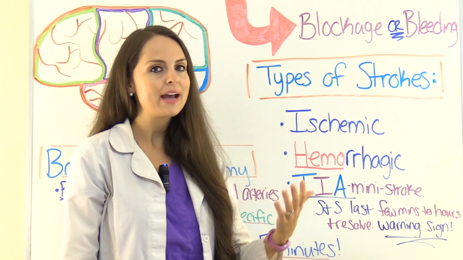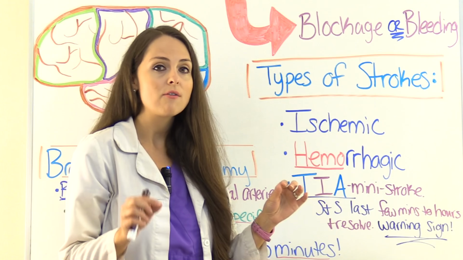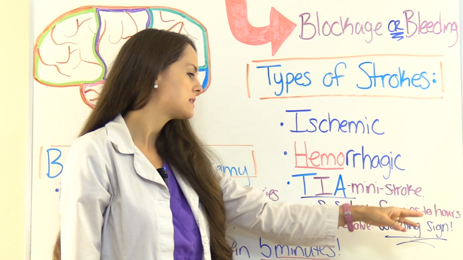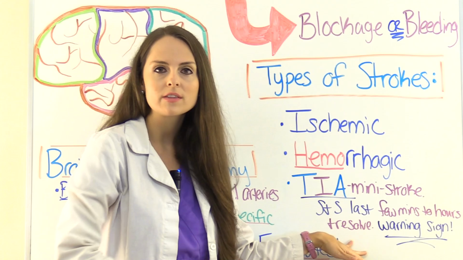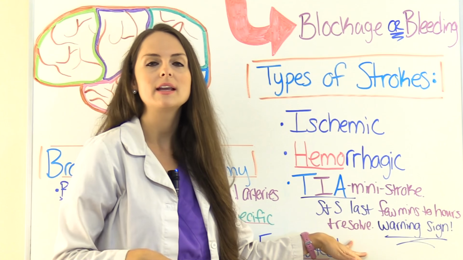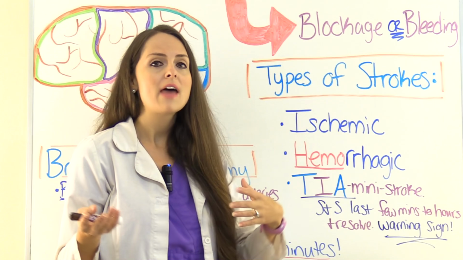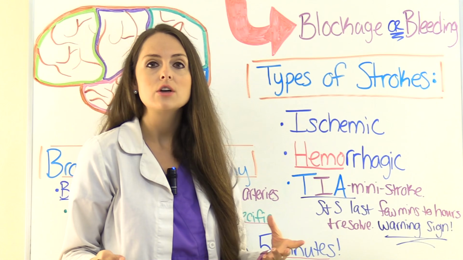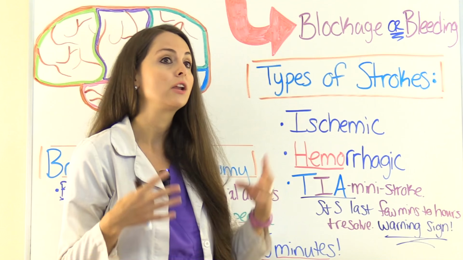So whenever a patient has this, they will have the signs and symptoms of a stroke. However, those symptoms only tend to last for a few minutes to hours and will resolve. So the patient just doesn't need to ignore this and think, oh, well, that could have been something else. They need to get evaluated to make sure that, hey, this may be a stroke and we can treat it appropriately so they won't have those long-term consequences that could happen if they ignored it.